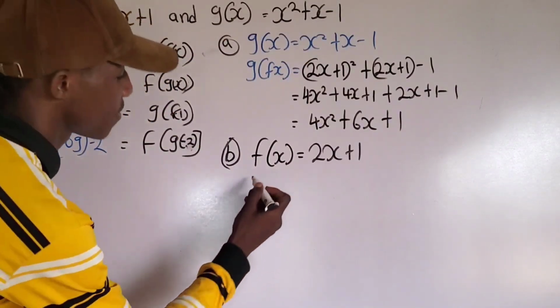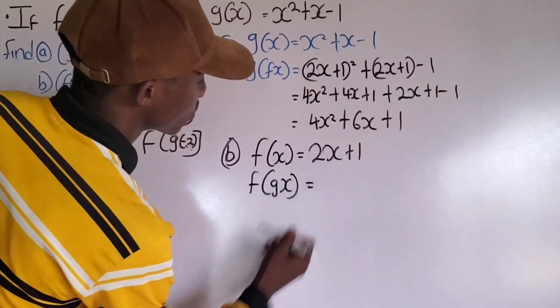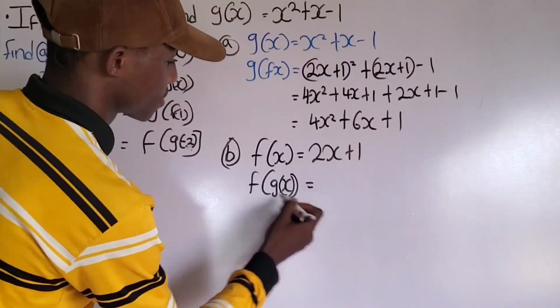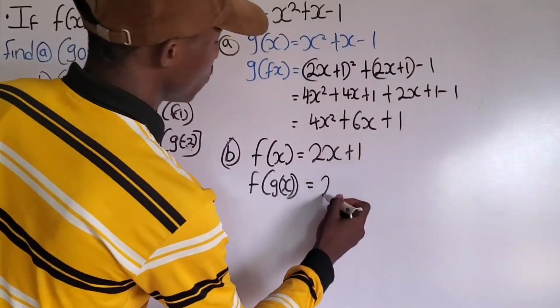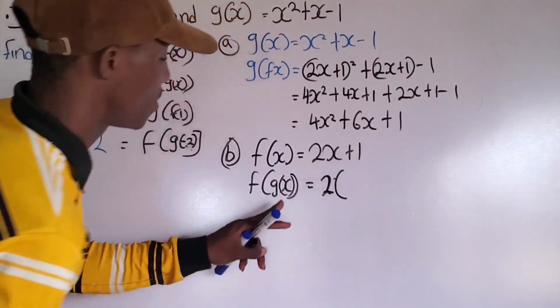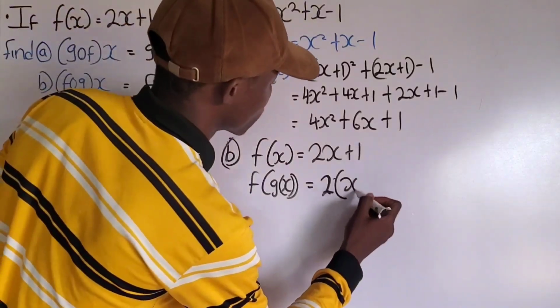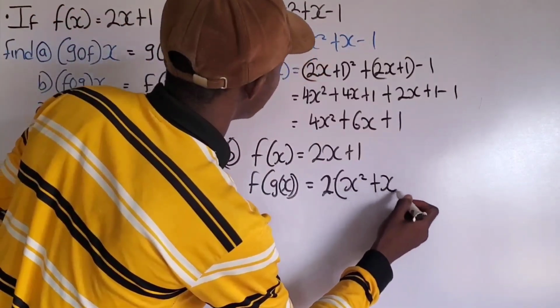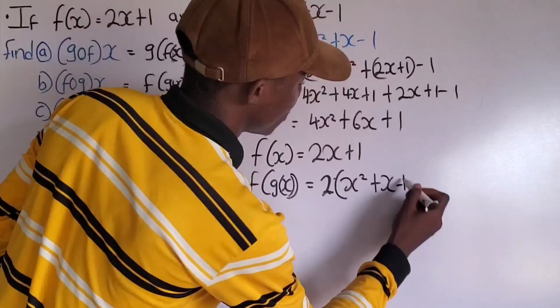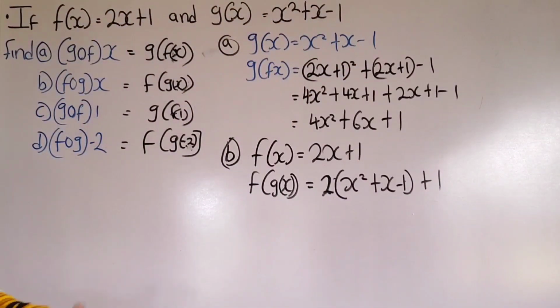So for this, f of g of x will be equal to 2 multiplied by, now g of x is x squared plus x minus 1, plus 1. Please just pay attention, it's simple.